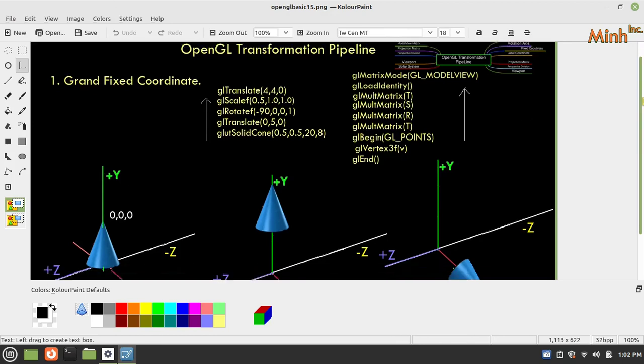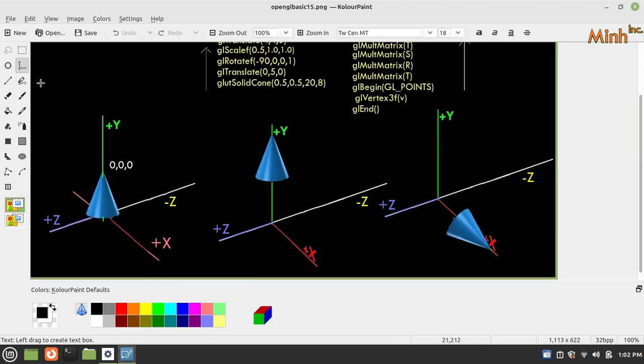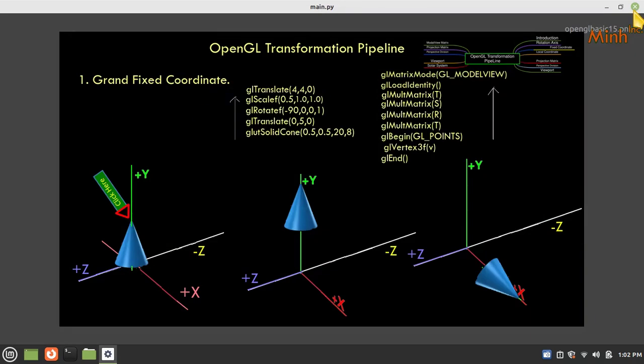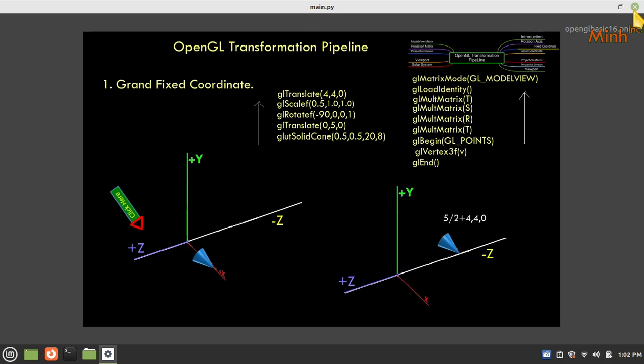Initially it is at 0, 0, 0, and at a later stage this came to 5 by 2.